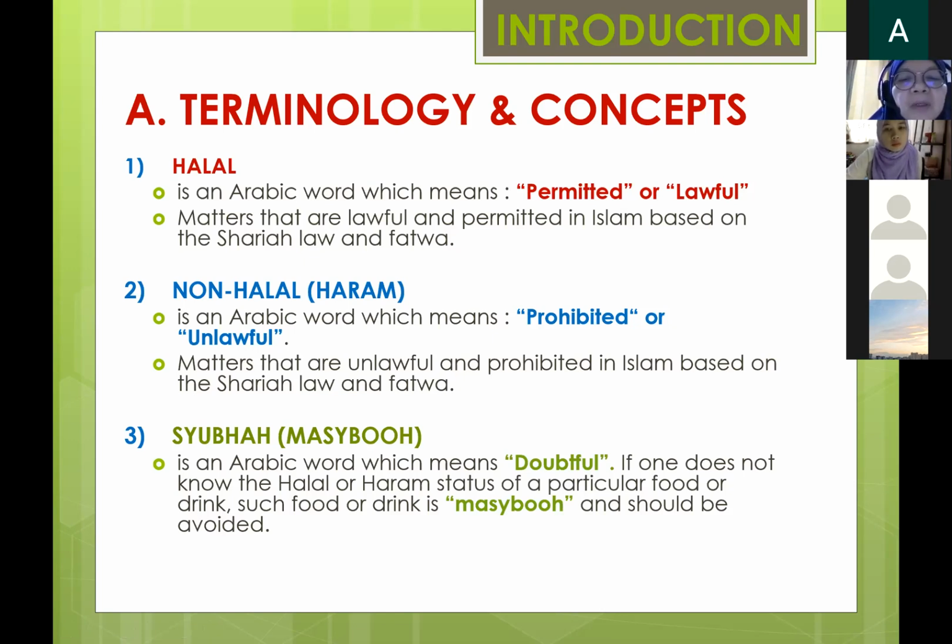And in Malay language, we use the same words. Halal has the same meaning. Some of the words in Malay language come from Arabic words, for example, halal, haram, shubha. So all these words we use in our daily life come from Arabic words.